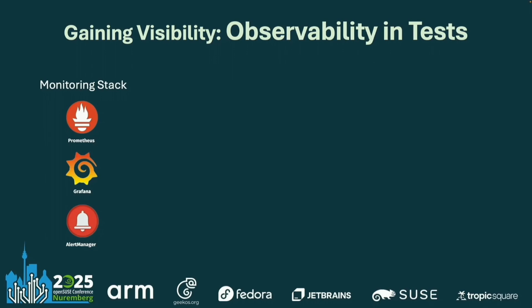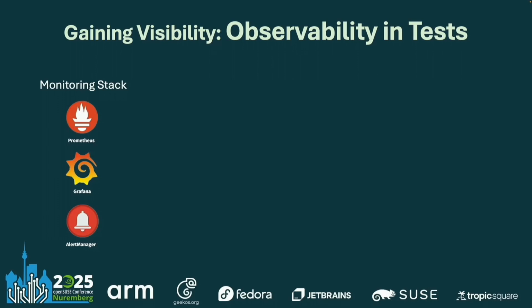Prometheus is our data collector. Using tools like our Jenkins exporter and Blackbox exporter, it gathers a lot of information from our test runs. This includes things like how long tests take, how often they pass or fail, what features and situations they cover, and even how much of our test system's resources are being used.